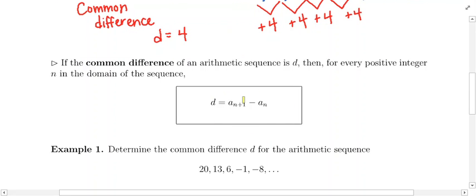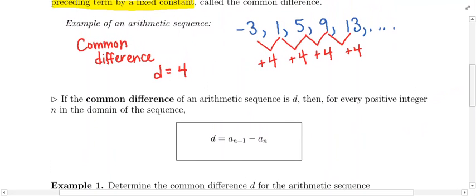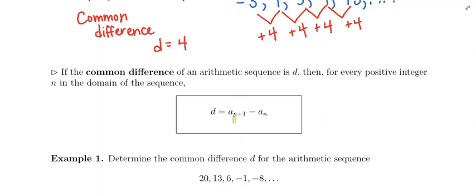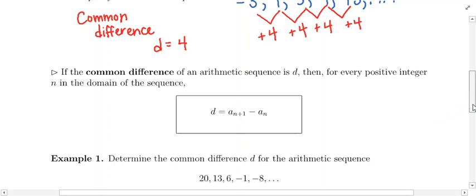This is a formula you can use to calculate the common difference. If you have the nth term, that's a_n, then a_(n+1) is the term that comes after a_n. So to come up with your common difference, you take a term and subtract the one that came before it. That should give you the common difference.